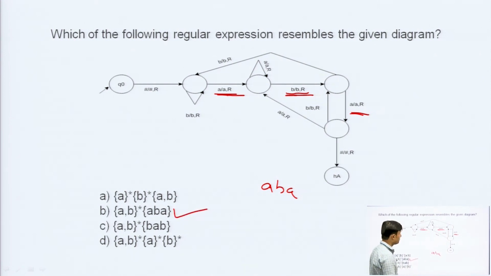All strings ending with A B A are accepted by this Turing machine. So this is a regular language and definitely we can have a regular expression for it.